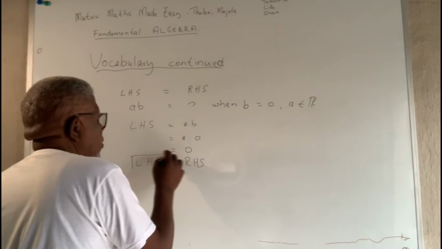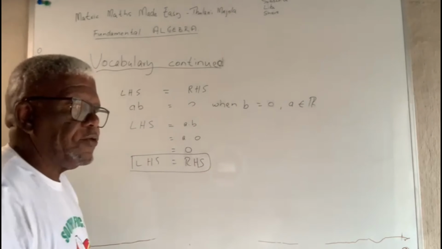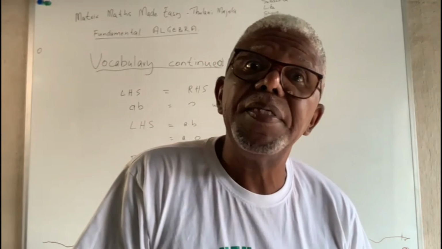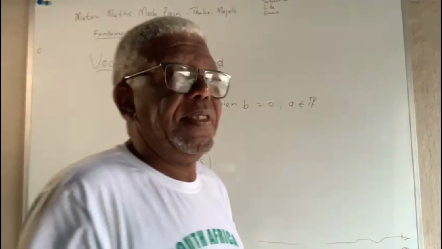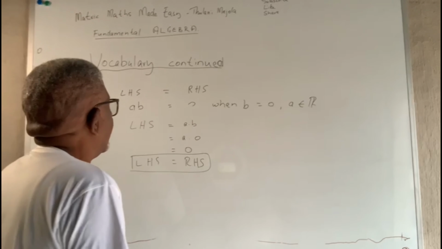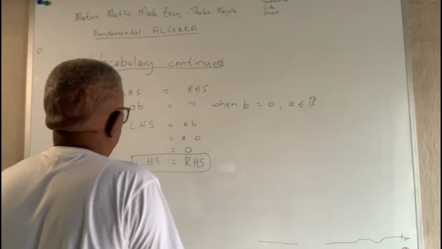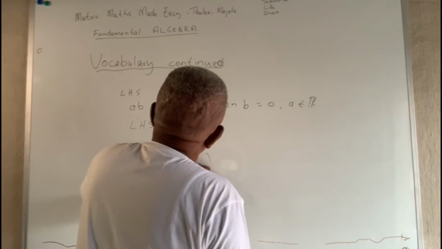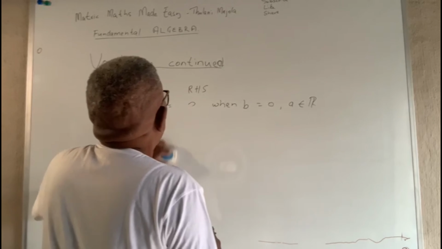So you must know that if you multiply two numbers and you get a 0, it means that one of them is definitely a 0. Either A or B is definitely a 0, or maybe both. They may both be equal to 0.